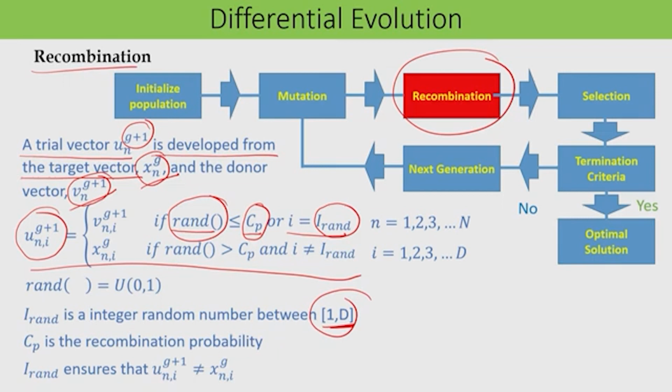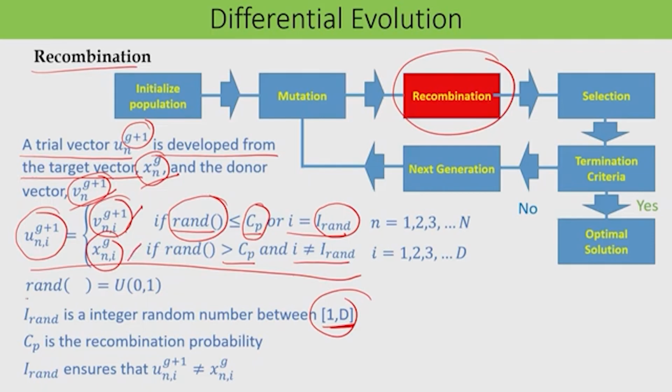In that case we are taking that particular variable from the donor vector. Otherwise, if the rand is greater than Cp and i is not equal to i_rand, we are taking it from the target vector. So, this is a combination of the donor vector and the target vector.